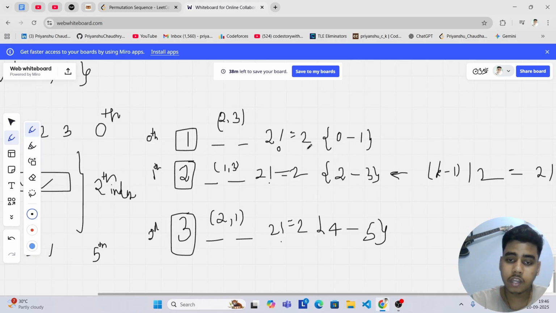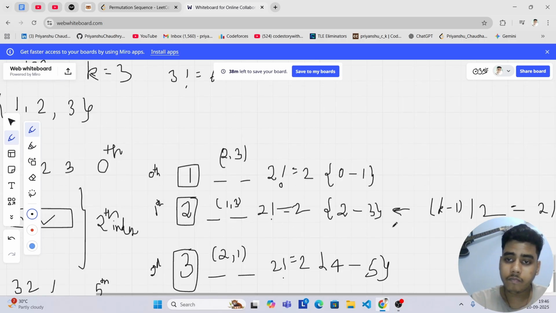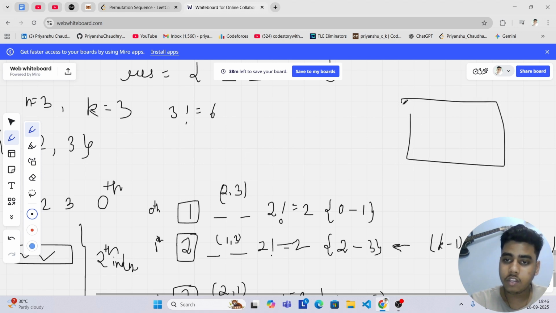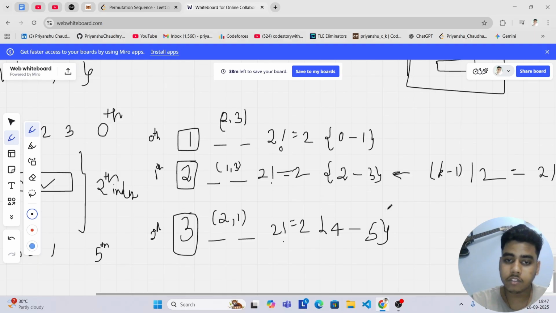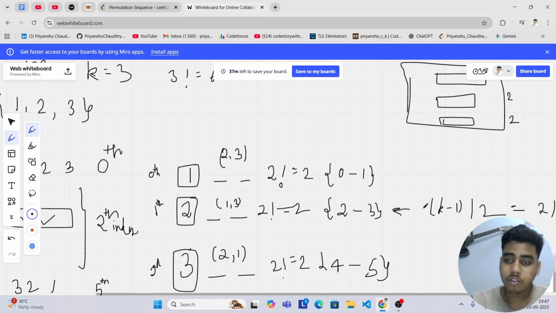Let's take an example of 3 blocks, where one block size is 2, another block size is 2, another block size is 2, and they are all arranged in sorted order.